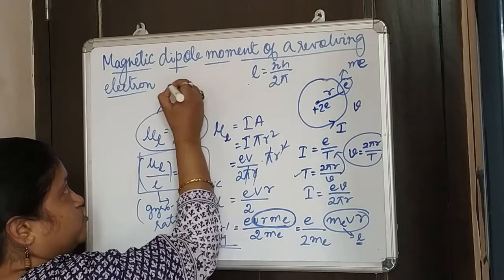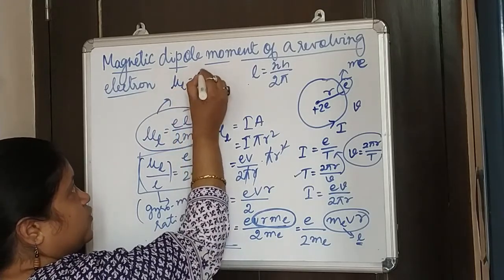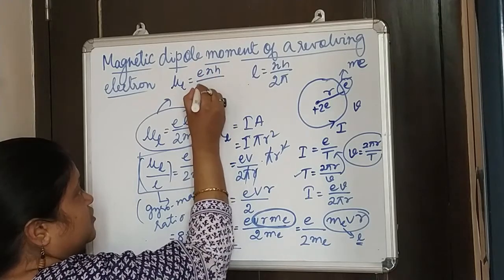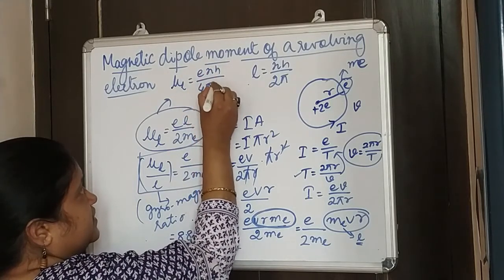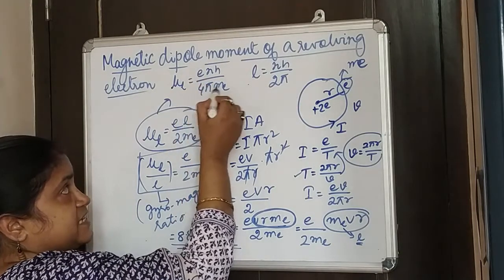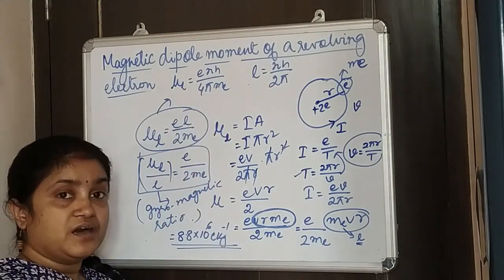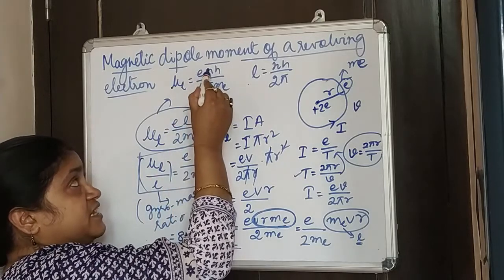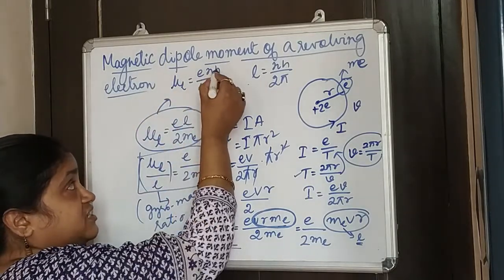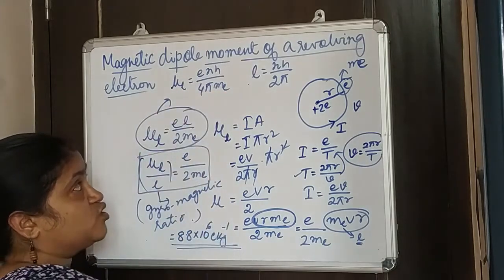When you substitute, you will get ml equal to e n h by 4 pi me. In this case also, all are constant: e is constant, n is a particular orbital number, h is constant, 4 pi me is constant.